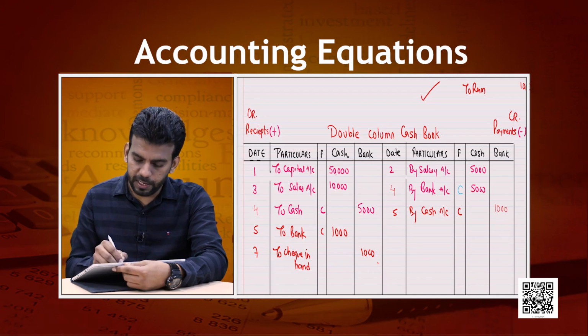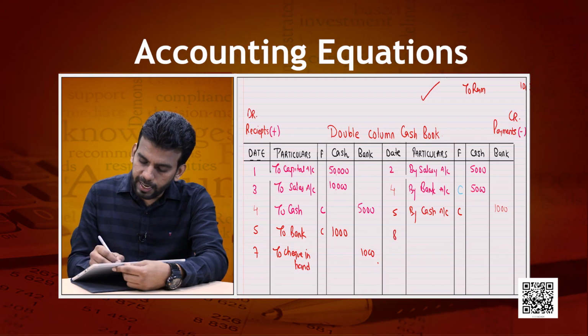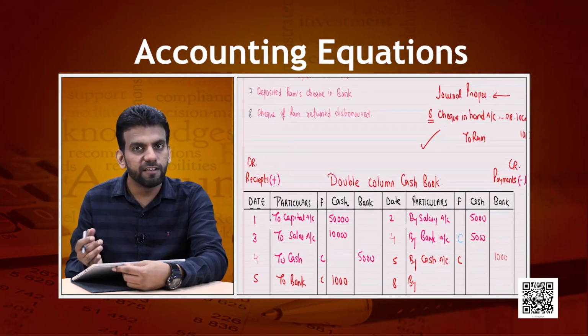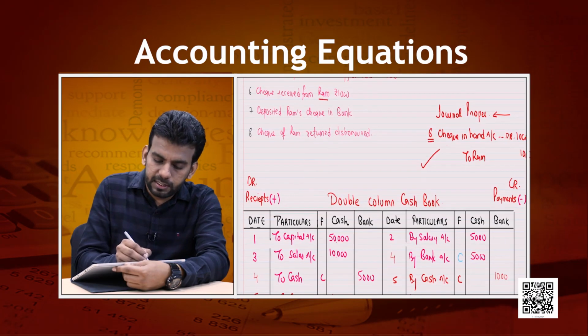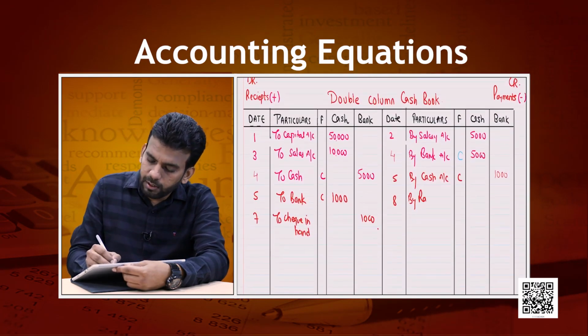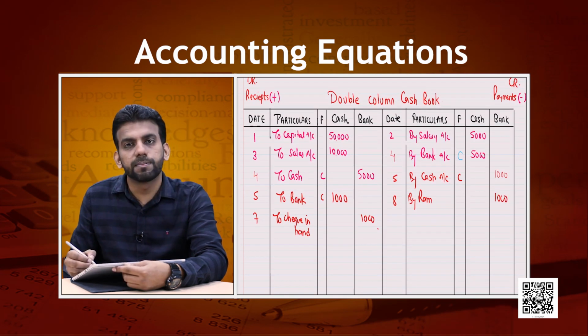So, simply on 8th, the way I was increasing the bank, I can decrease it as well from the opposite side, that is payment side, that is negative side. And who is the culprit for that? For sure, the person who gave me this check, and the name is Ram. So I would be writing by Ram 1000 simply.